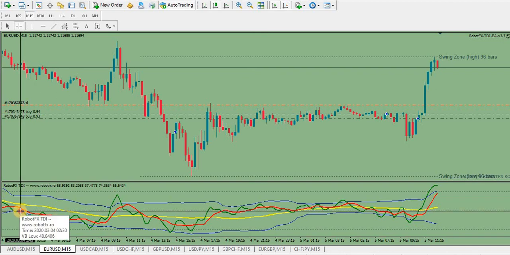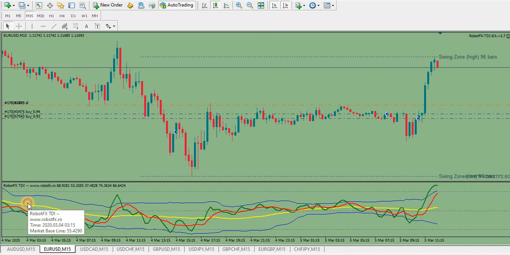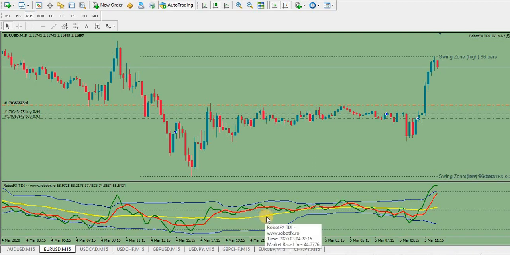If the green moving average is below the yellow line, then the expert advisor will only be allowed to sell. Of course, you can change these settings to better reflect the price and your trading style, so the TDI expert advisor will not look so, I don't know, zigzagged.